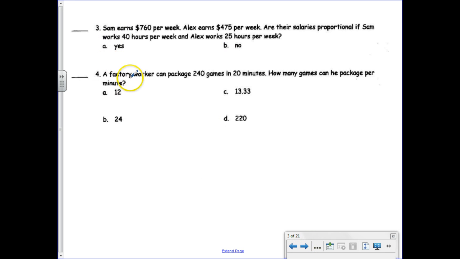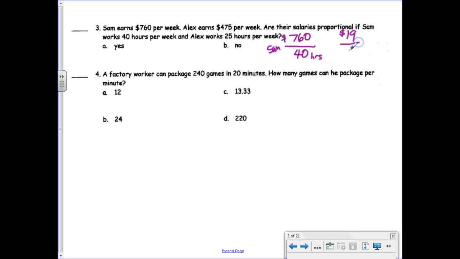Number 3, Sam earns this much money a week, Alex earns that much money a week. Are their salaries proportional if Sam works 40 hours a week and Alex only works 25? So you need to take Sam here, this is the money and the hours, and see what he comes up with for a unit rate. It turns out that Sam ends up making $19 an hour.